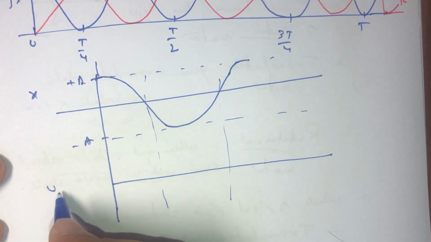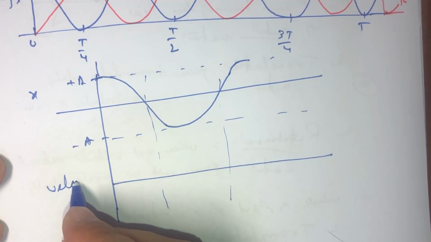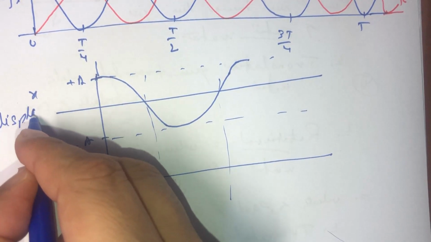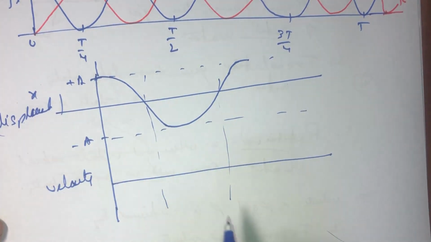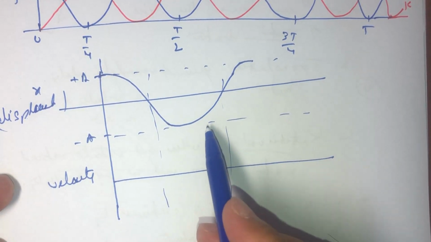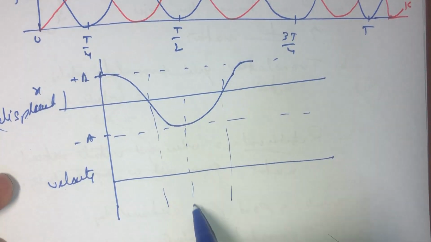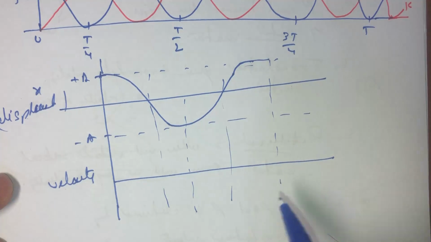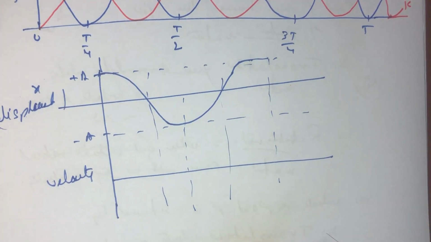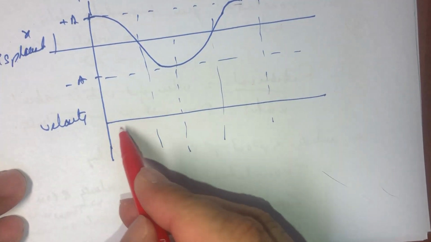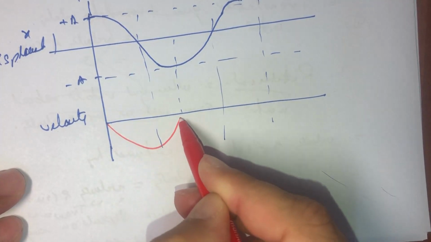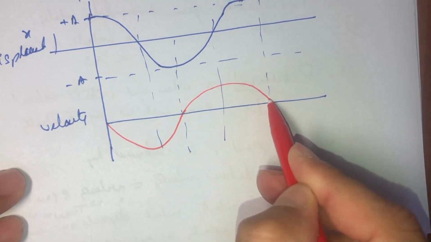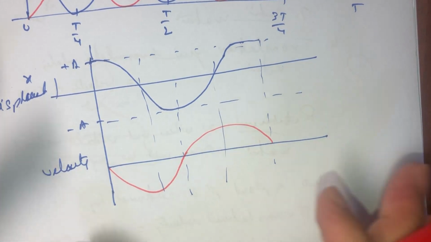So this is our velocity, and x was our displacement. So velocity, we are going to get it like this, and this will be our velocity. Okay, it will be more symmetrical.